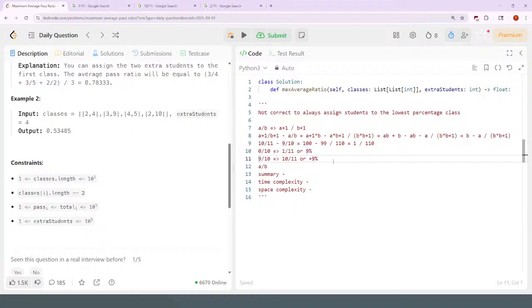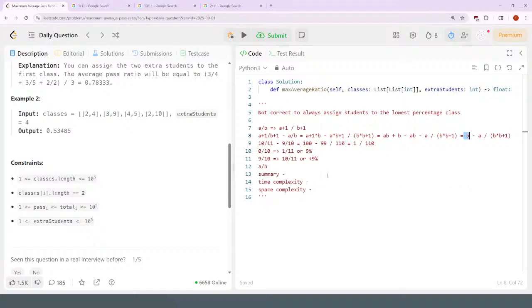Then this one is A is 9, B is 10. So 10 minus 1 is 1.